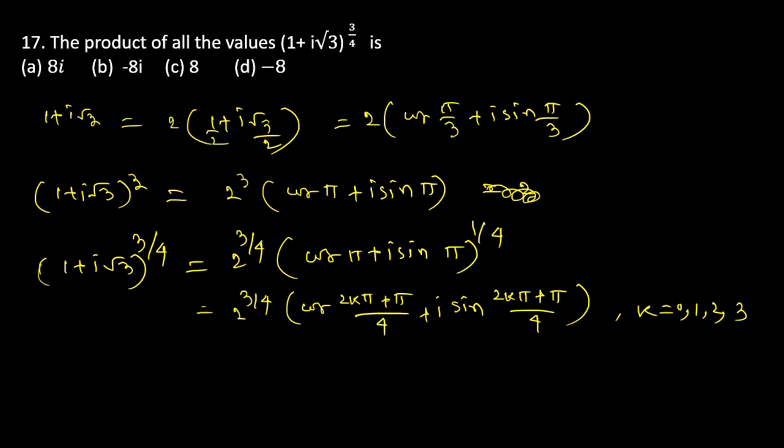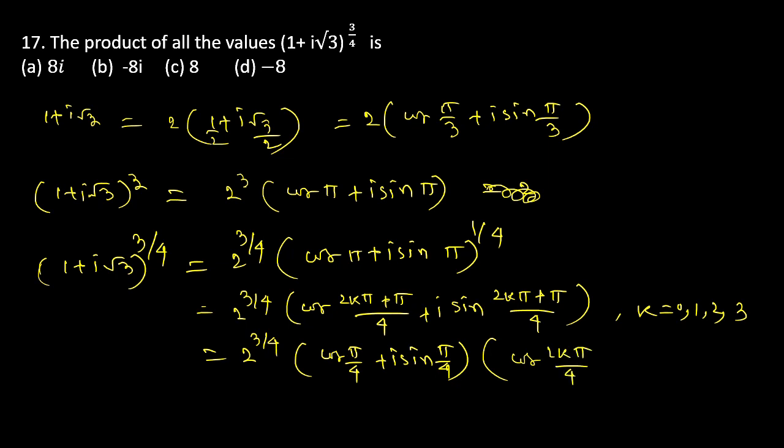Then we can break it as 2 to the power 3 by 4 into (cos pi by 4 plus i sin pi by 4) into (cos 2k pi by 4 plus i sin 2k pi by 4).